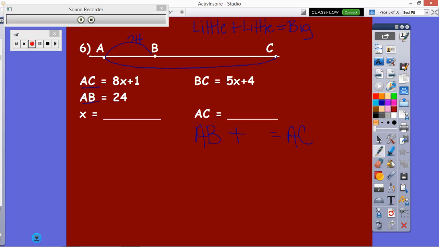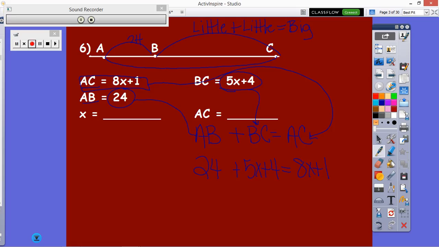I'm going to add to that my other little piece, which is BC. So now I know that AB is 24. I know that BC is 5x plus 4. And I now know that my AC comes way to the end, and I have 8x plus 1.